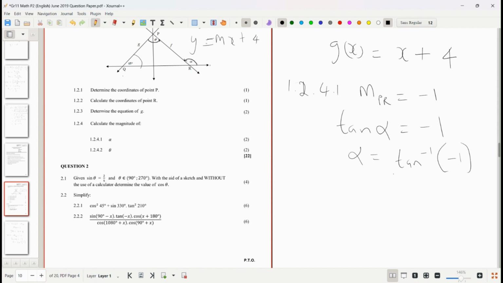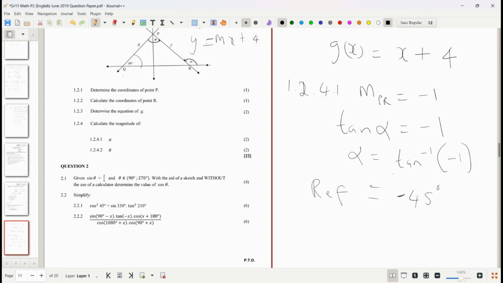So you'll get negative 45 degrees. So what is this angle? This angle is your reflex angle, right? It's this angle here. We are looking for this angle here, right?